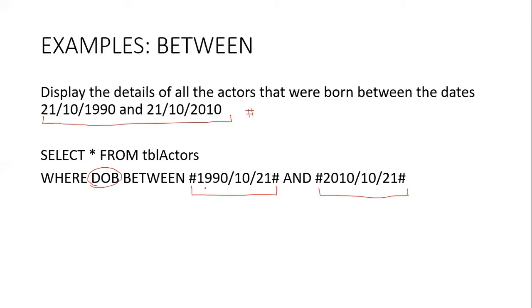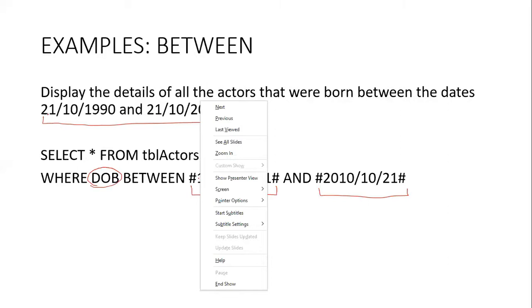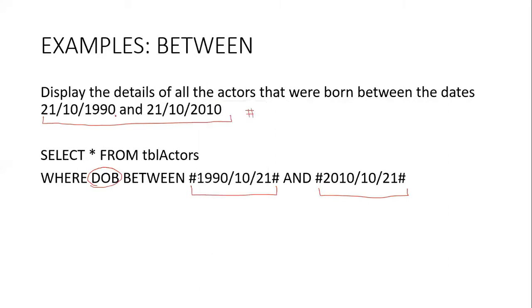Here there seems to be an error. We want it between the dates 21/10/1990, oh, it's just the other way around. There it is, 21/10/1990 and 21/10/2010.